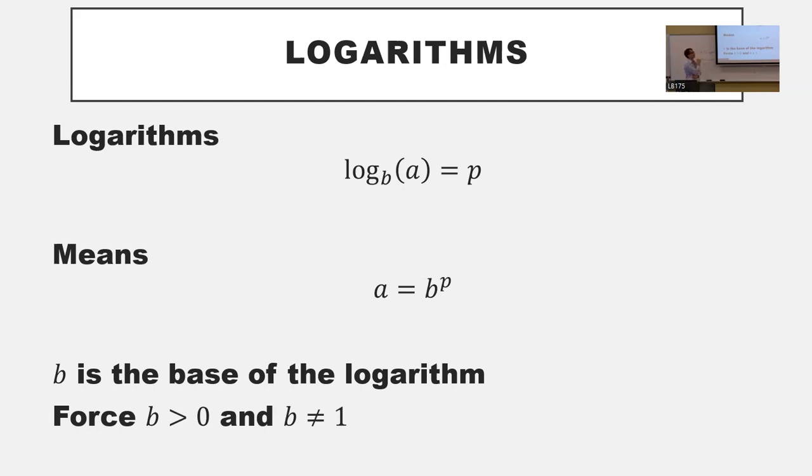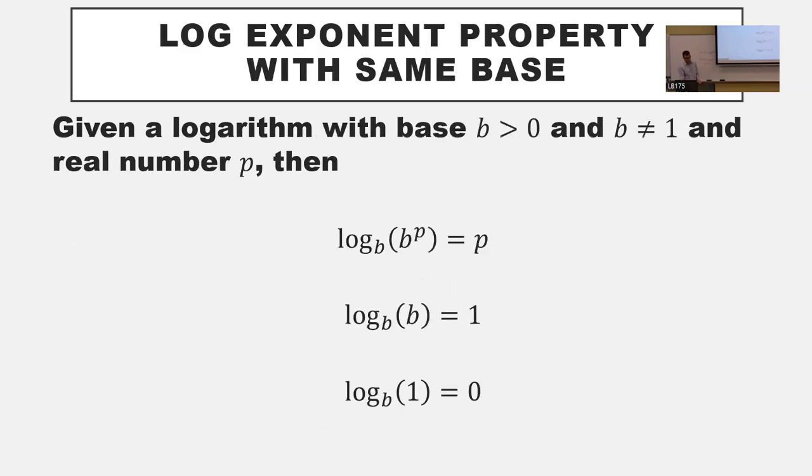Whenever you're looking at logs, you're really looking at powers of the exponents. The logs are like the powers of the exponents. So the way they behave is going to be slightly different than how polynomials behave.